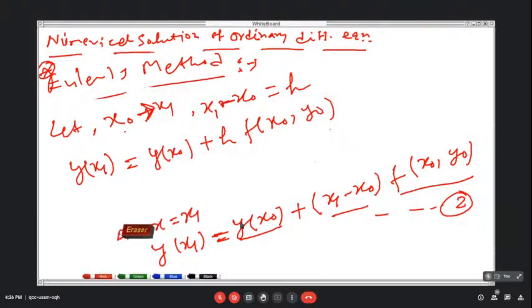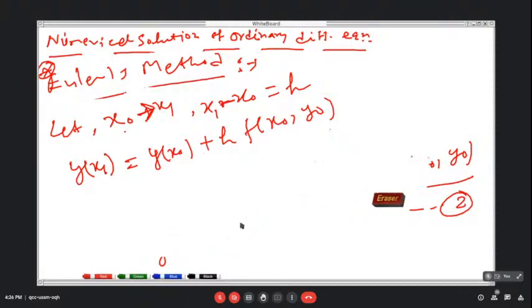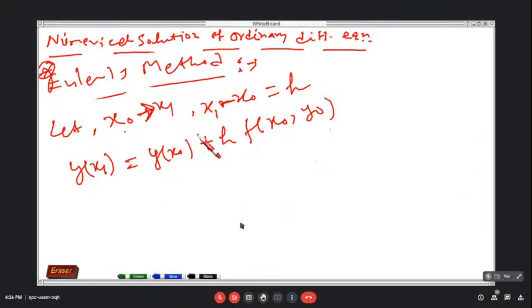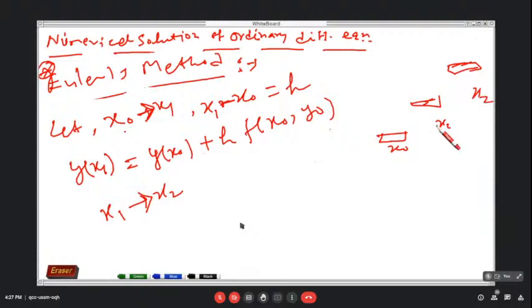Now let's say I want to go to another point above this x1, that means x2. So I want to go from x1 to x2, right? As I said, these are all ladders you have to use: from x0, x1, x2. If you want to find the value at x1, you need information at x0.